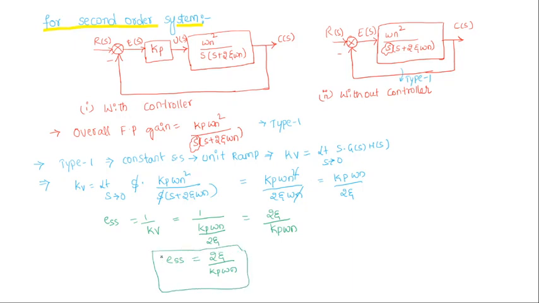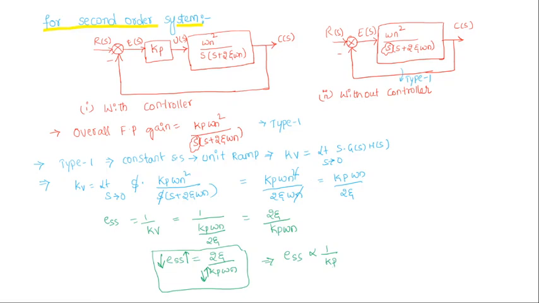The steady state error value will decrease by increasing the Kp value, and increase by decreasing the Kp value. So I can say that the steady state error value is directly proportional to 1 by Kp. By adjusting the proportional controller gain value, we can reduce the steady state error.